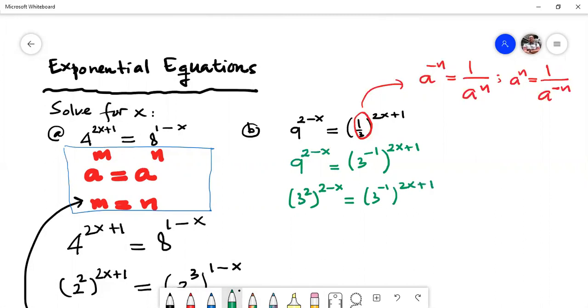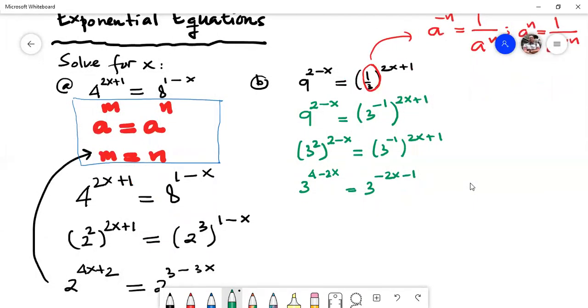And then you distribute the power. This is 2, and this is minus 1, the exponent outside of the bracket. So you will have 3 to the power of 4 minus 2x, sorry, this is x, minus 3 to the power negative 2x negative 1.